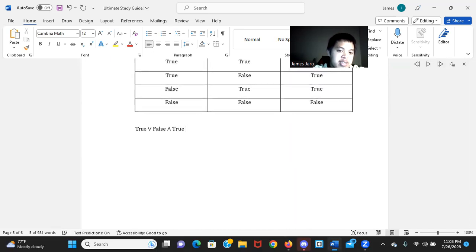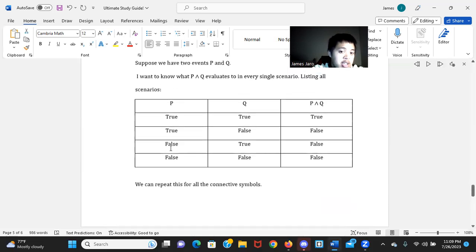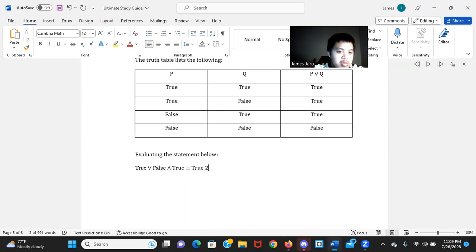Keeping in mind that the conjunction has to happen first because it has a higher order of precedence than the disjunction, I know I need to evaluate false and true first. According to my truth table, false and true gives us false. So we know that this is true or false.